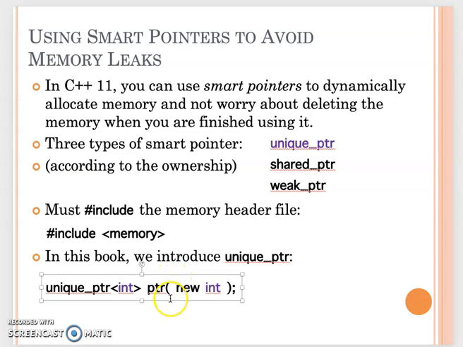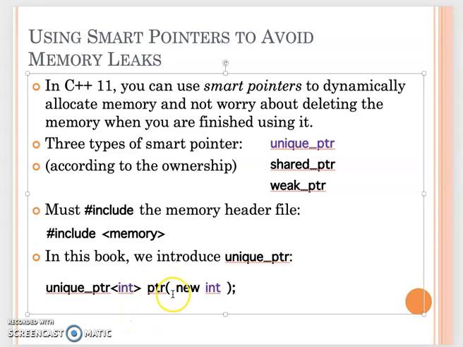Then in the parentheses, you create the dynamic memory allocation using the new keyword. This data type will be the same as in the angle brackets.